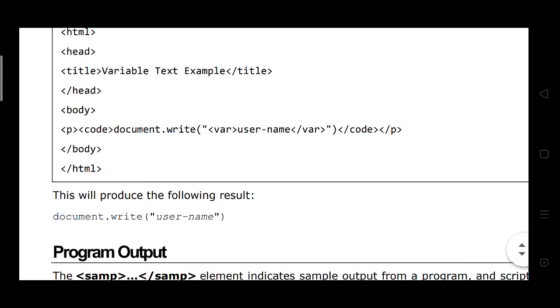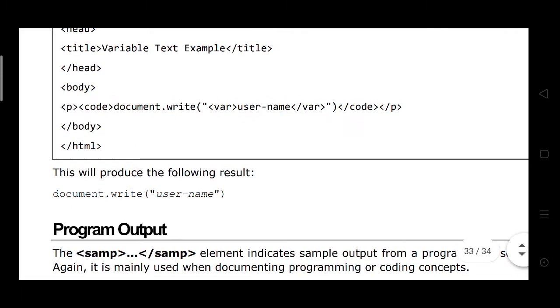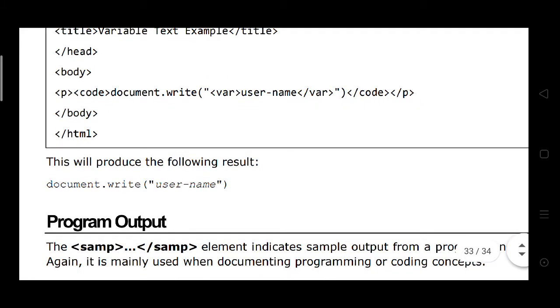Here the code: doctype, write user dot name, by where the code is, by body. Return. The output of the program is like this.